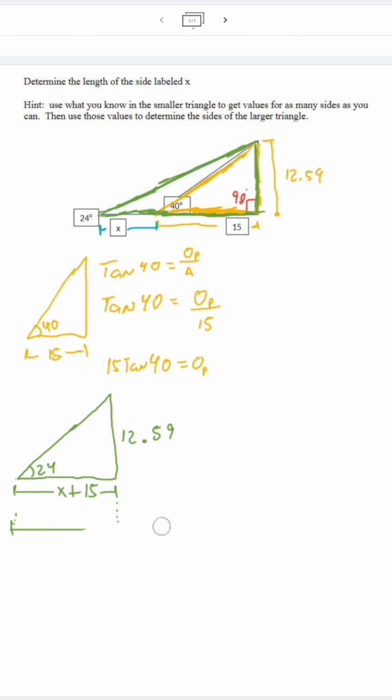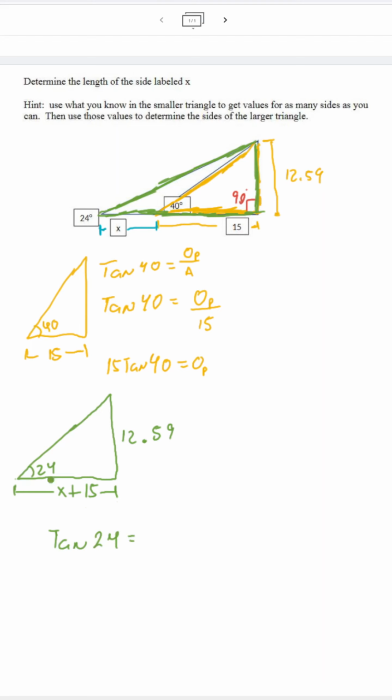So why was this important? Because now we have to do the same thing that we did on the previous step. So we can actually use again the tangent. Now, the fact that you use the sine or the cosine or the tangent is completely dependent on the data that you have for the exercise, right? So right now, I think the tangent is going to be a useful trigonometric ratio. So we're going to use it again, but now it's going to be the tangent of 24.